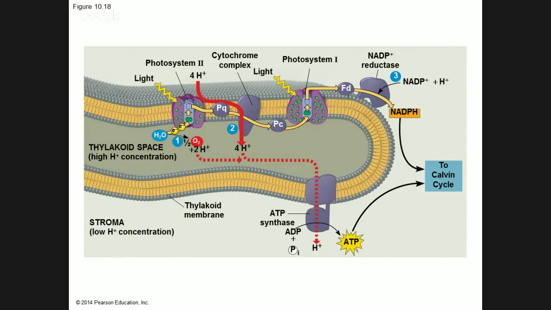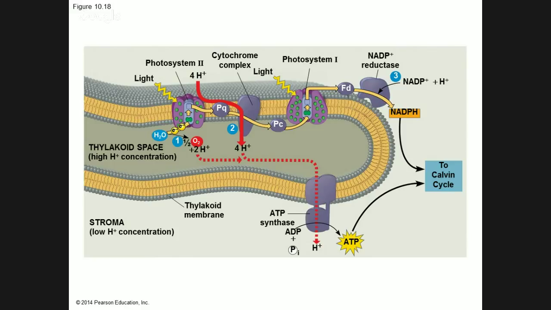Connecting the two photosystems is a small electron transport chain, a really tiny one. PQ is called plastoquinone. It's just a little mobile electron bus shuttling electrons from photosystem 2 to this cytochrome complex. That's all it does. When the electrons pass through this cytochrome complex, they lose energy.